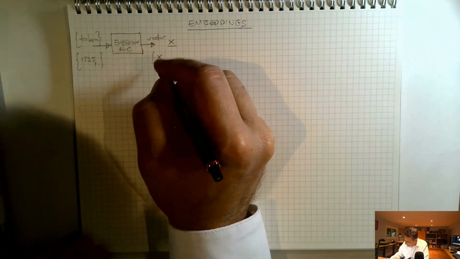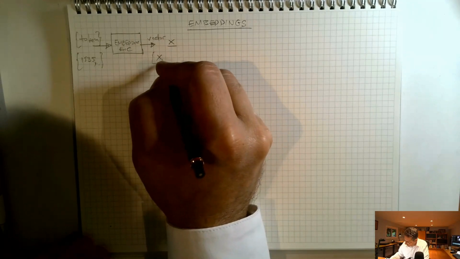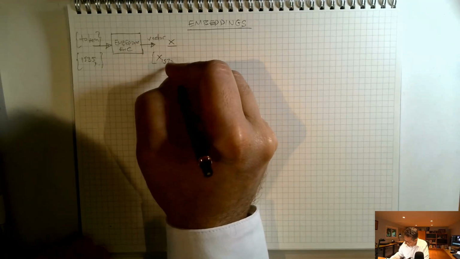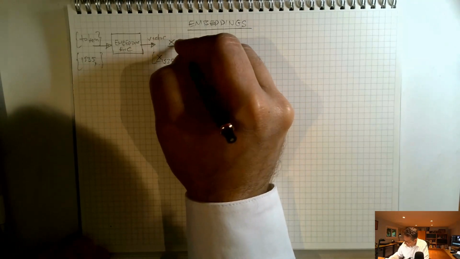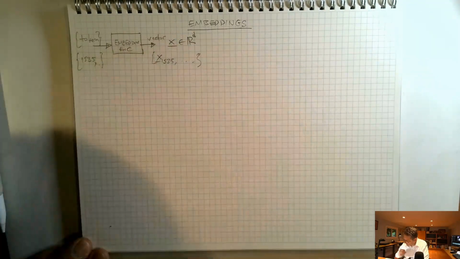So this is X that corresponds to the 1535 token, and so on, and X is going to be d-dimensional.